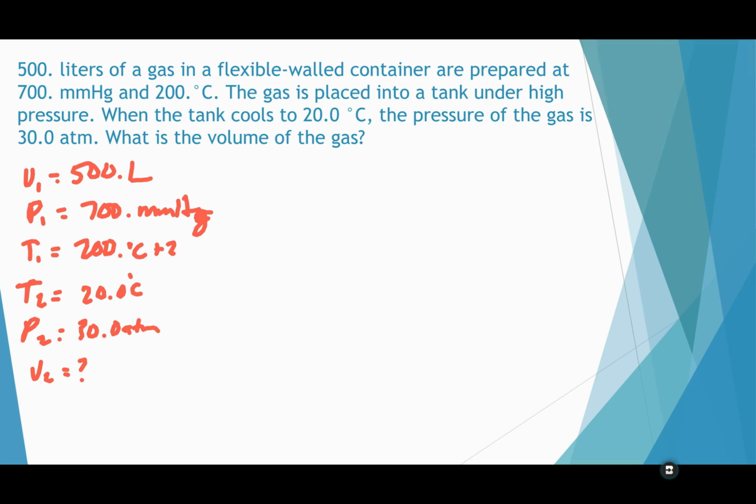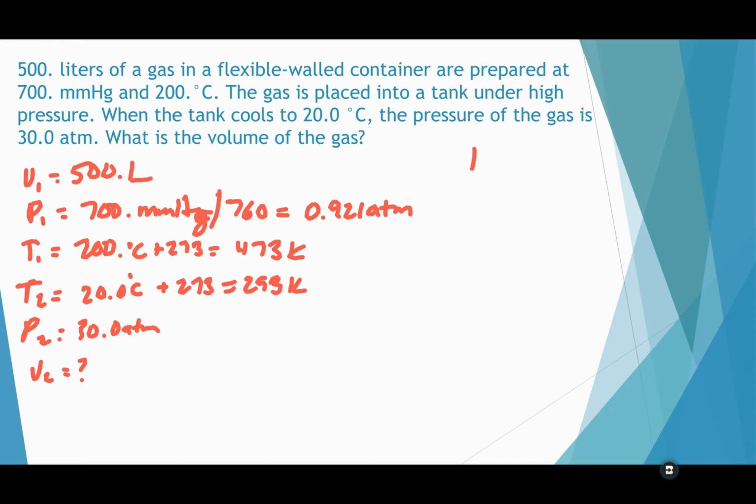So I'm going to do the following. I will convert this over to Kelvin. So this is 473 Kelvin. This is going to be 293 Kelvin. I will make both my pressures in atmospheres, so I will divide this by 760 to make it atm. So 0.921 atm. So P1 V1 over T1 equals P2 V2 over T2.